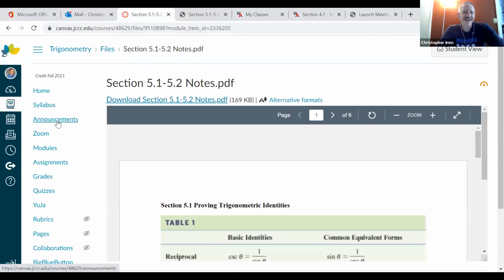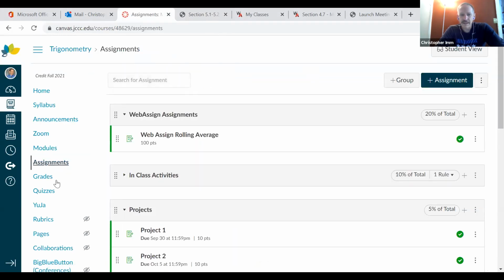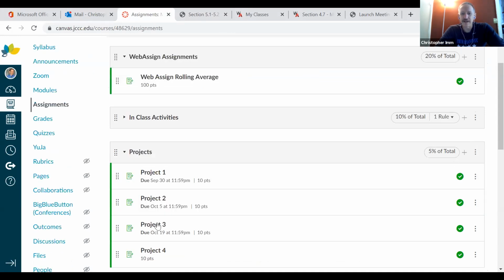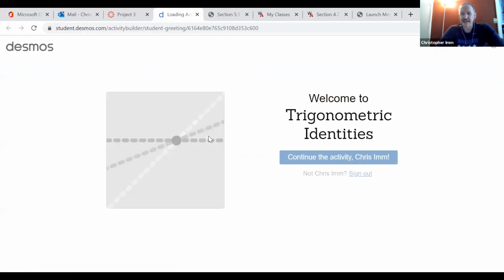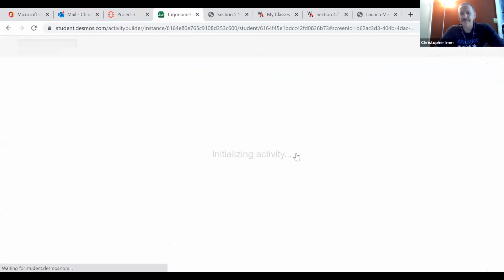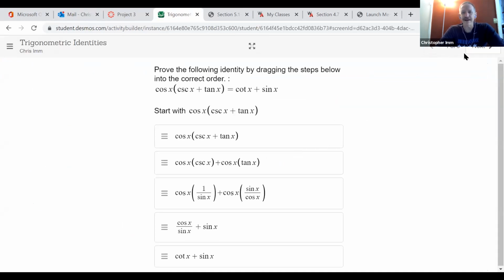Yeah, great, thank you. So if I go into assignments, this project 3 is going to be the one that you want to do by next Tuesday. And this one should take you to the project, Trigonometric Identities. What I have here are basically steps that we want to line up in the right order.